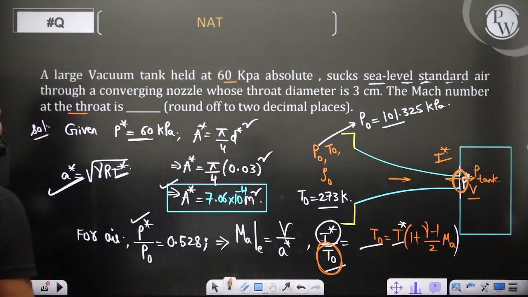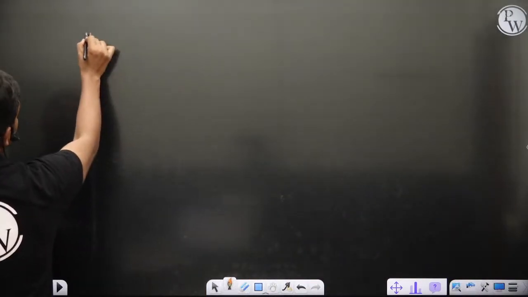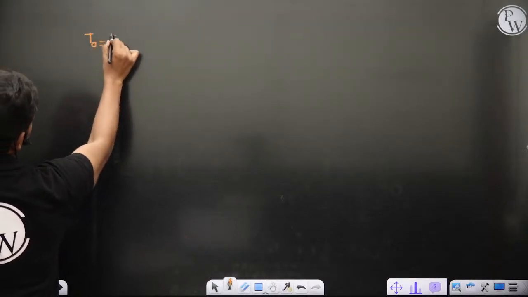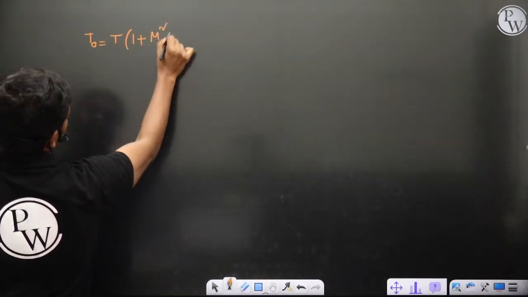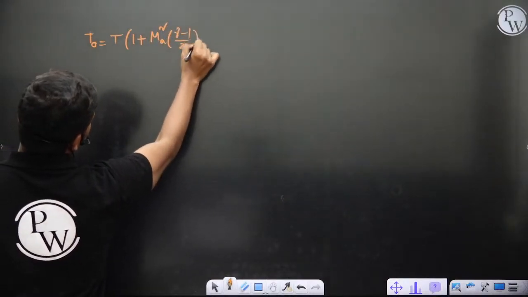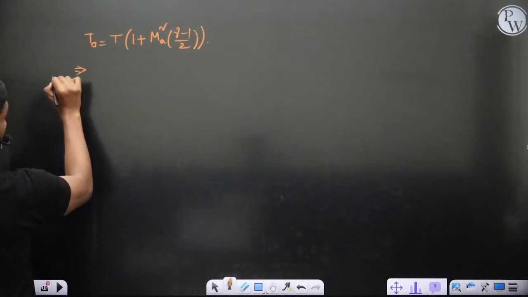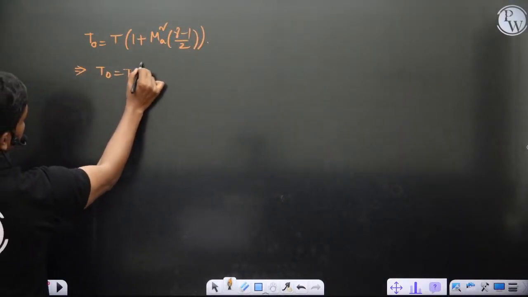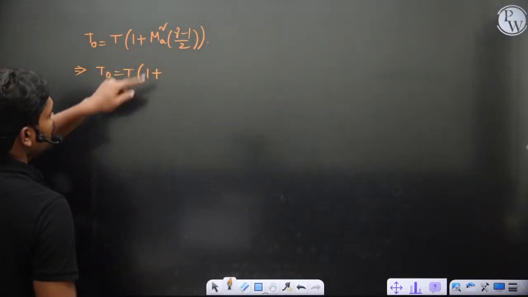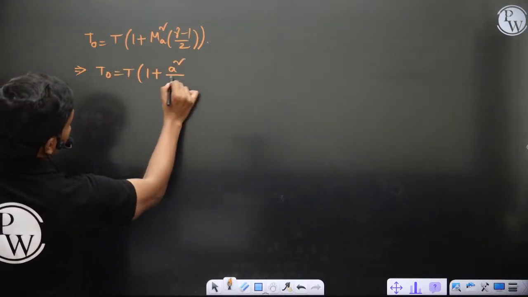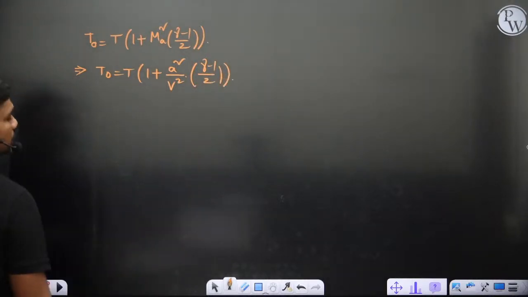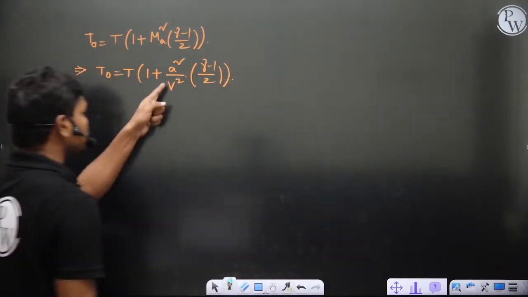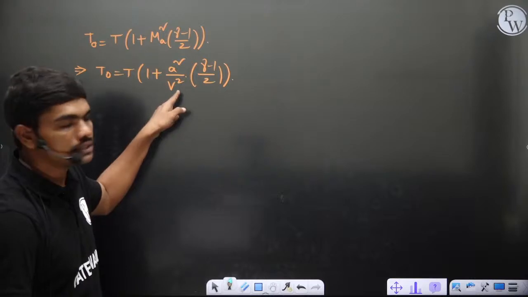So let's see what we have. T stagnation is T into 1 plus Mach square into gamma minus 1 by 2. So T naught is equal to T times 1 plus, with the Mach number as V by a, so V square by a square into gamma minus 1 by 2. So we have to calculate this V square. We have to bring a certain expression for velocity.